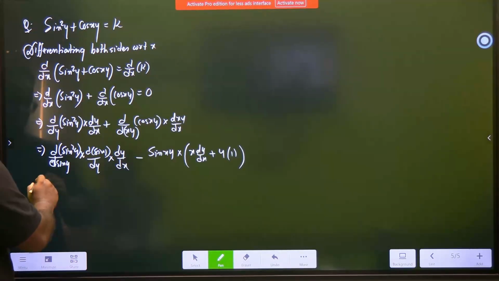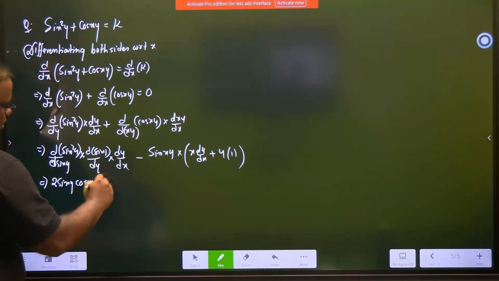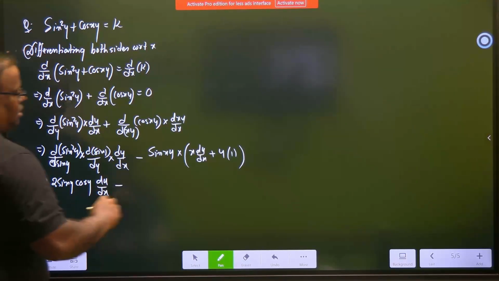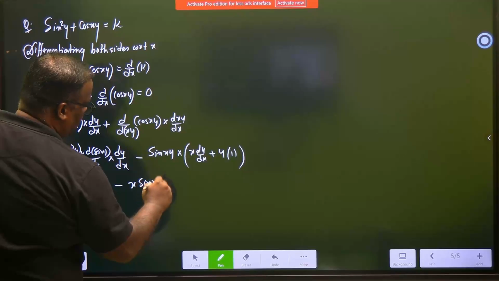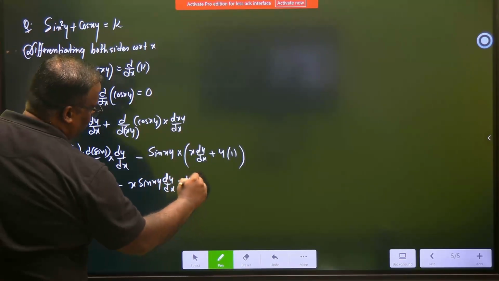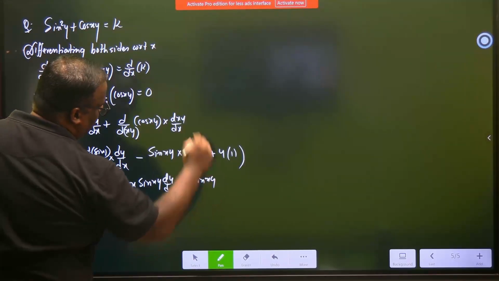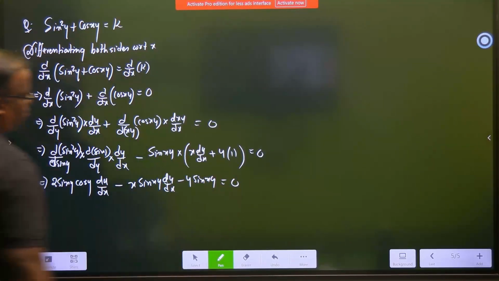So let's check this up. This is 2 sin y, then this is cos y, and then this is dy by dx. Minus, we get what? We get x sin xy dy by dx minus y sin xy is equal to 0.